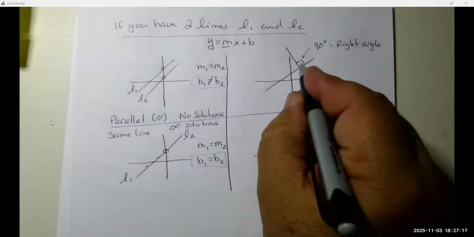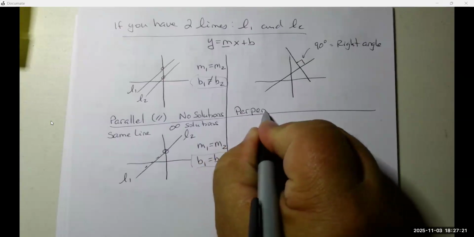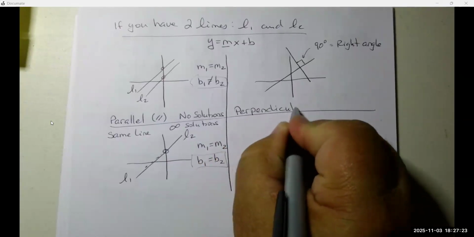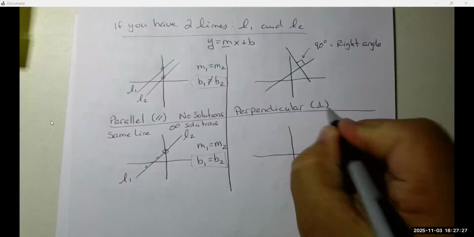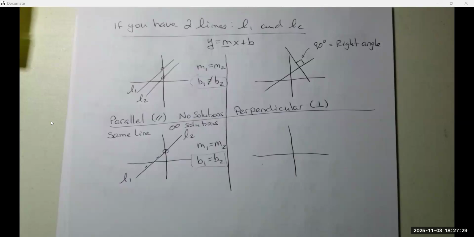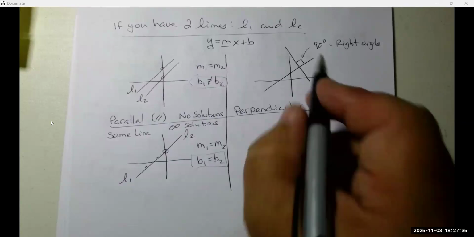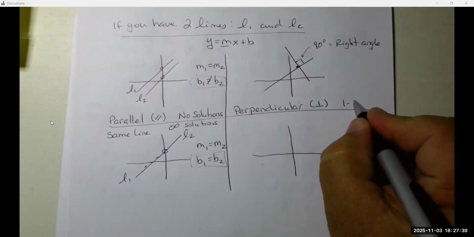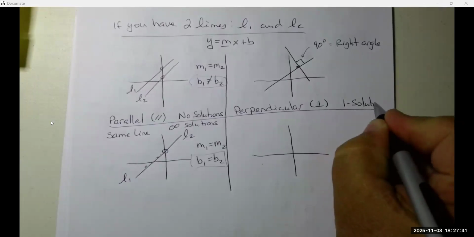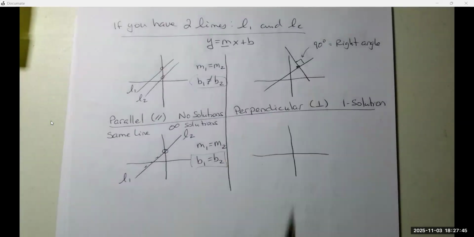When that happens, when we have 90 degrees, that's called perpendicular. And the shortcut symbol there is just an upside down T. That shows that they both cross at 90-degree angles to each other. Because they cross at one place, it only has one solution, right there, where it crosses.